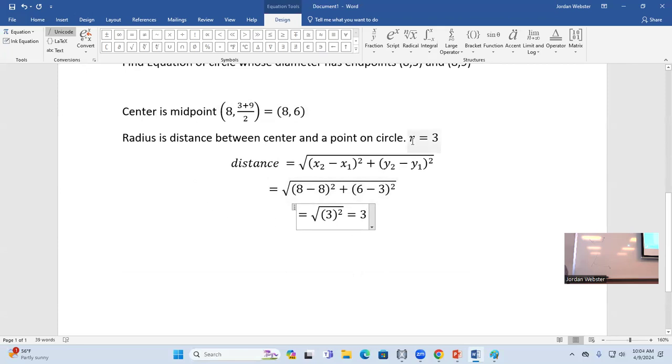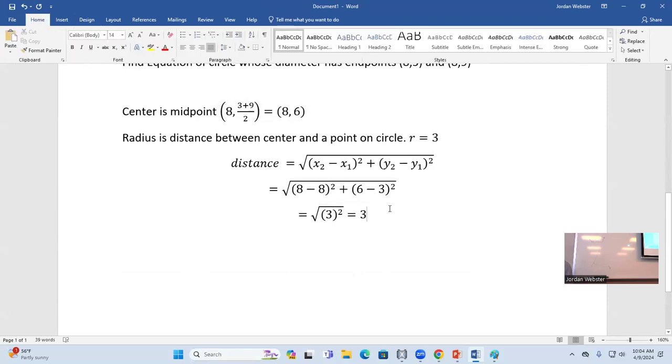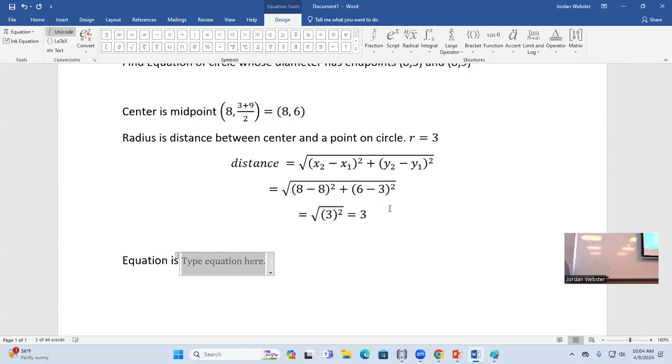Now that we know the radius is 3 and the center, we can write the equation. Remember, it's (x minus h) squared plus (y minus k) squared is equal to r squared.